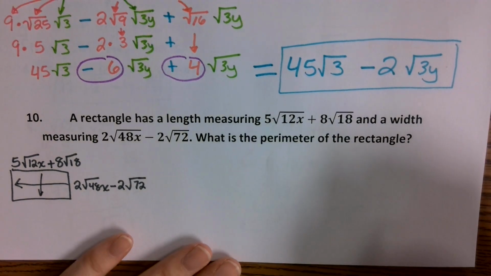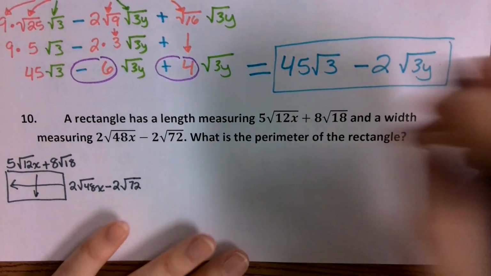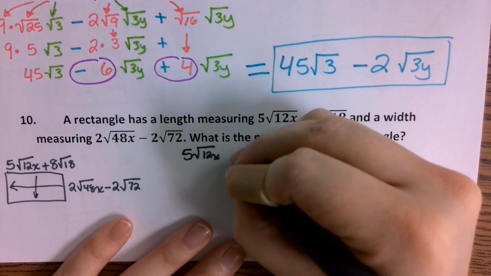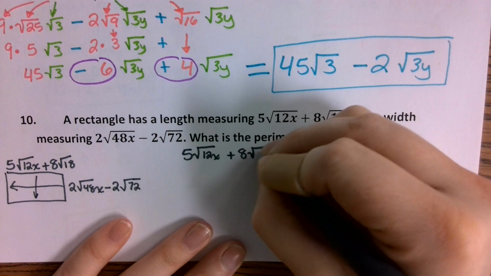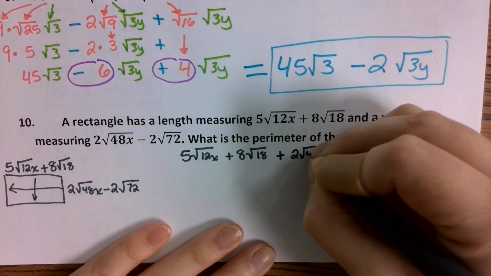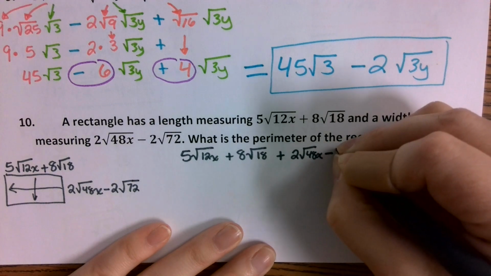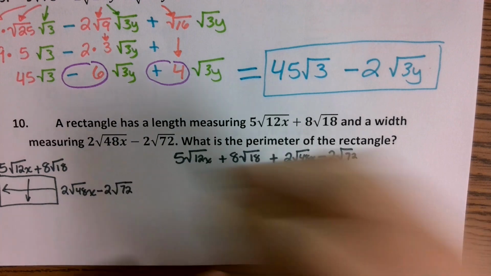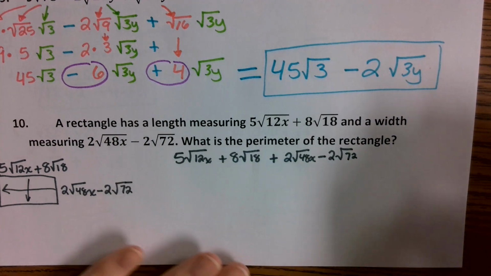So when I write my whole problem out, it's going to be 5 square root of 12x plus 8 square root of 18 plus 2 square root of 48x minus 2 square root of 72 plus all the same stuff again, right?